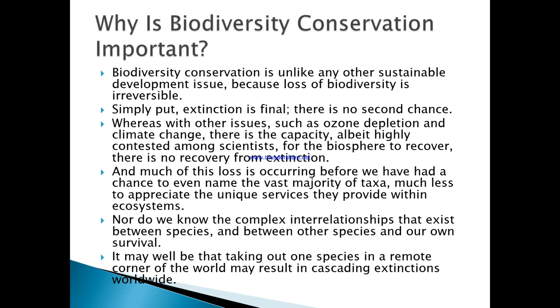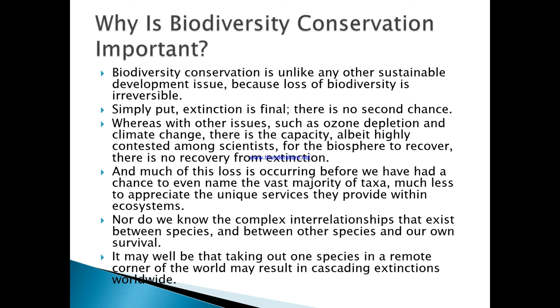If one species gets extinct, for example, dinosaurs got extinct many years ago. We don't have such kinds of animals in this world because extinction is final. Whereas with other issues such as ozone depletion and climate change, there is a capacity, albeit highly contested among scientists, for the biosphere to recover.